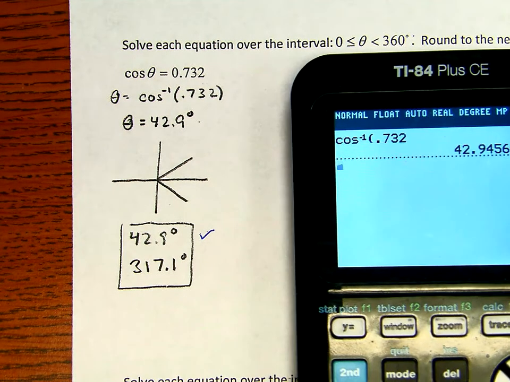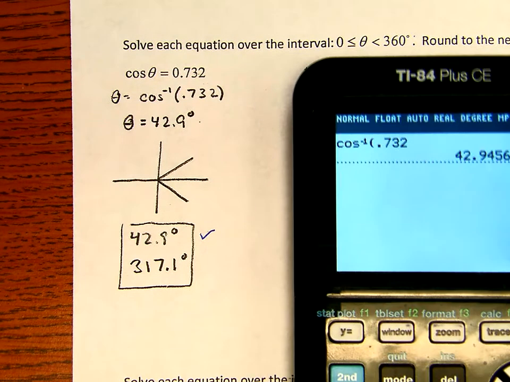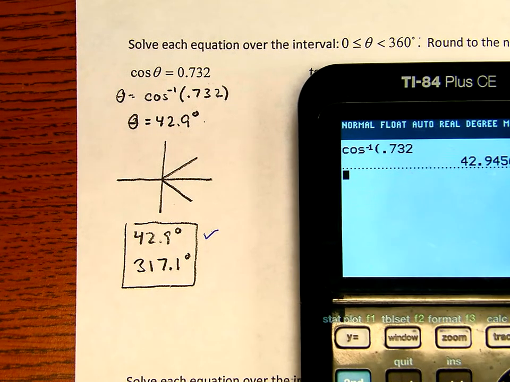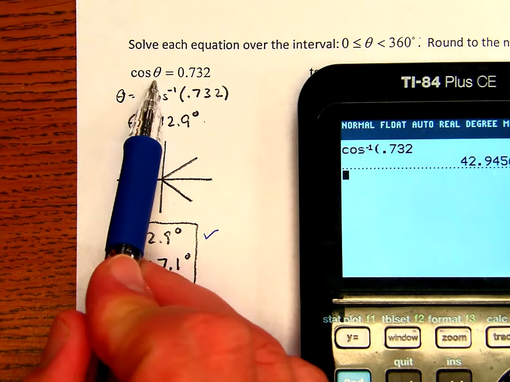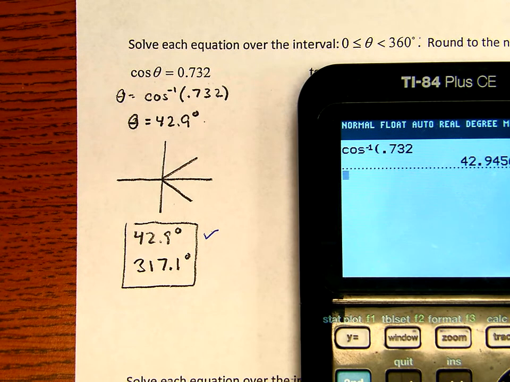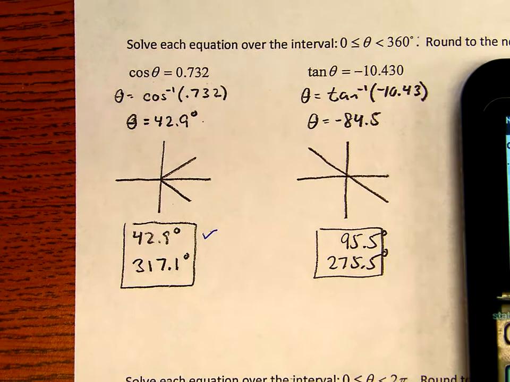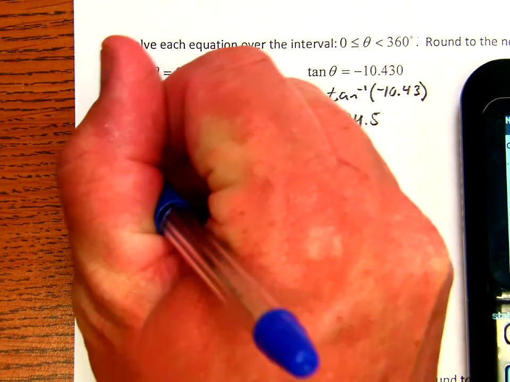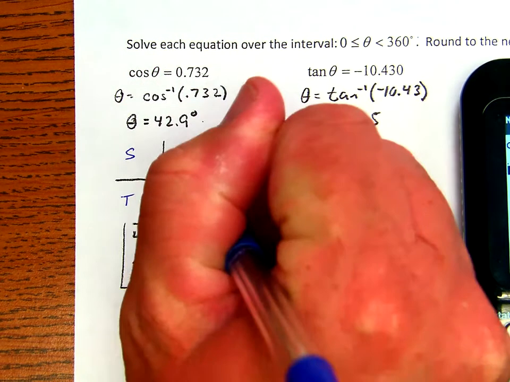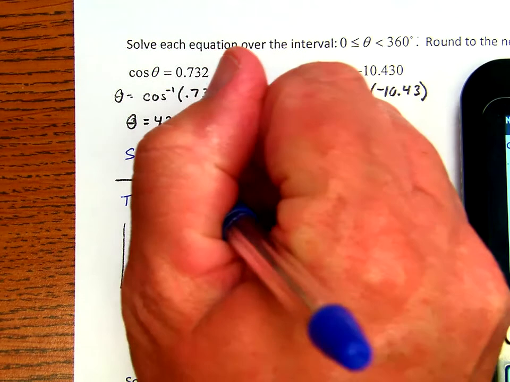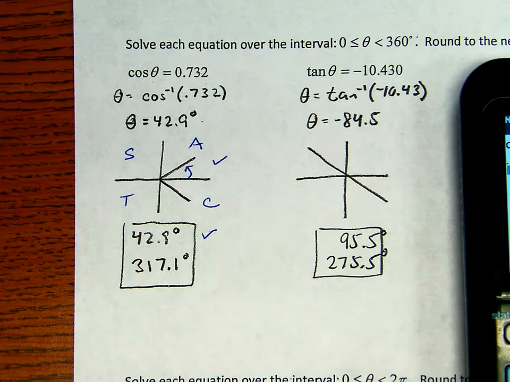Now, we remember from the unit circle problems we did that for these, unless it's a quadrantal angle or a no solution, we expect two answers. So, where else in the 0 to 360 interval can we take the cosine of an angle and get that decimal right there? Well, what we're going to do is remember that all seniors talk constantly. That 42.9 degrees, that's a first quadrant solution.